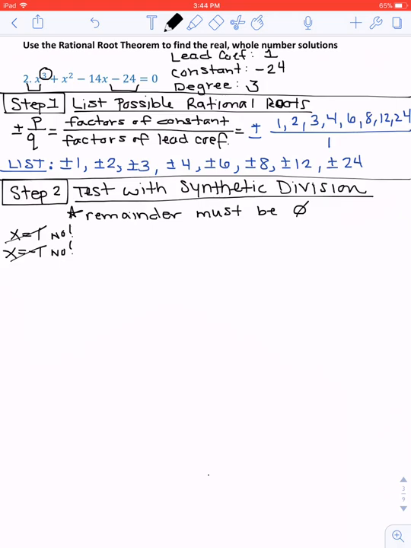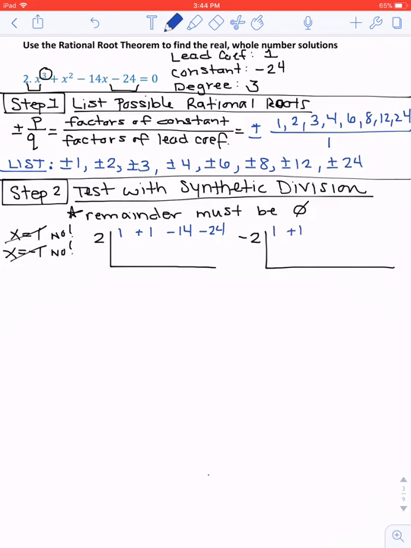So let's test our 2's. I'm going to test 2 with you. Positive 2, negative 2. All right, let's look at the coefficients of our original equation. We have 1, positive 1, negative 14, negative 24.